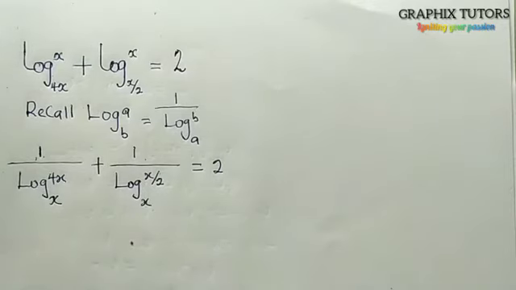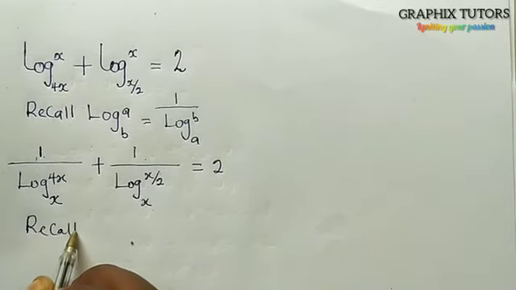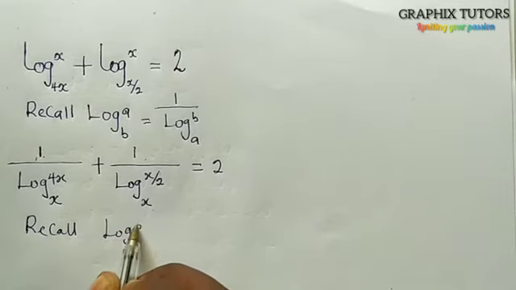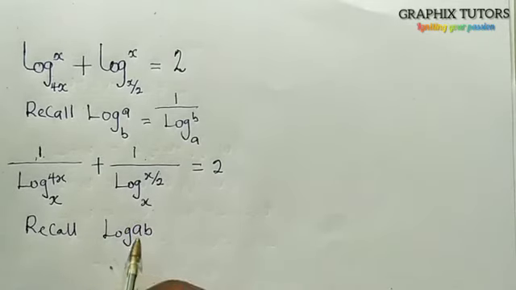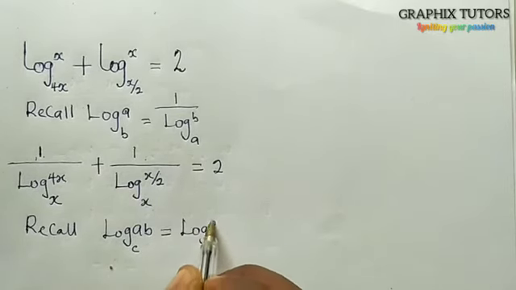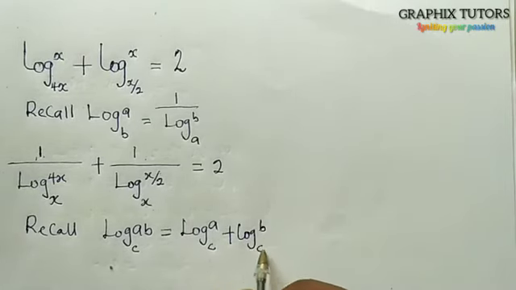Now there's a law also that says, recall, right? If I have log AB to base C, it is the same thing as saying log A to base C plus log B to base C. Since they are multiplying, you're going to add both of them having the same base.